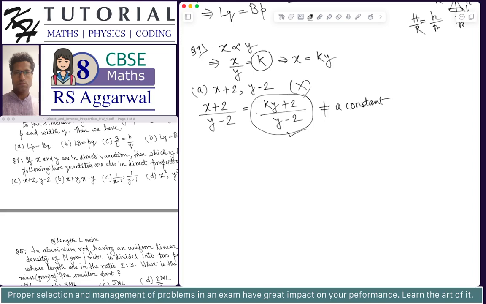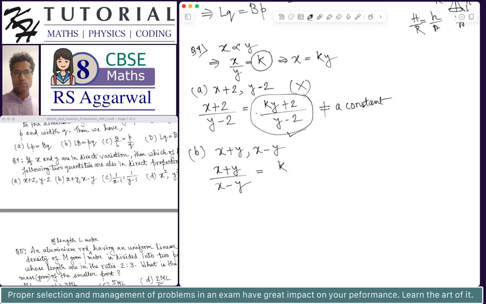Okay, let's see the choice B. So we have x + y, x - y. Let's see what is the value of the ratio, that is (x + y)/(x - y). Similarly, I will substitute x with ky.